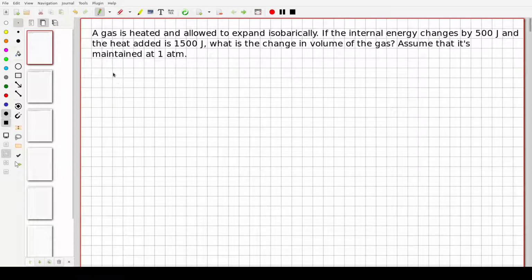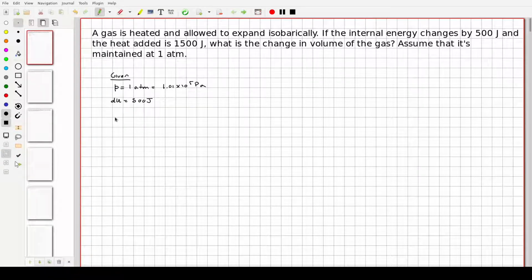So what we've been given here is a pressure of 1 atmosphere. Thankfully, we know 1 atmosphere is 1.01 times 10 to the 5th pascals. We're also given a change in internal energy, dU, of 500 joules.